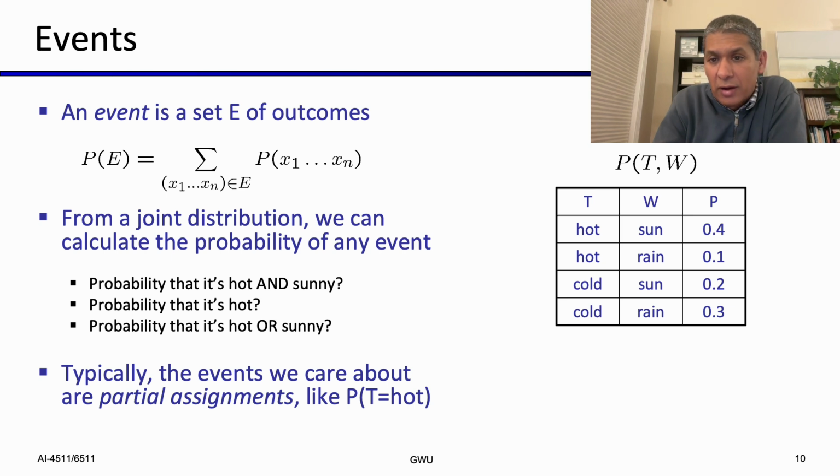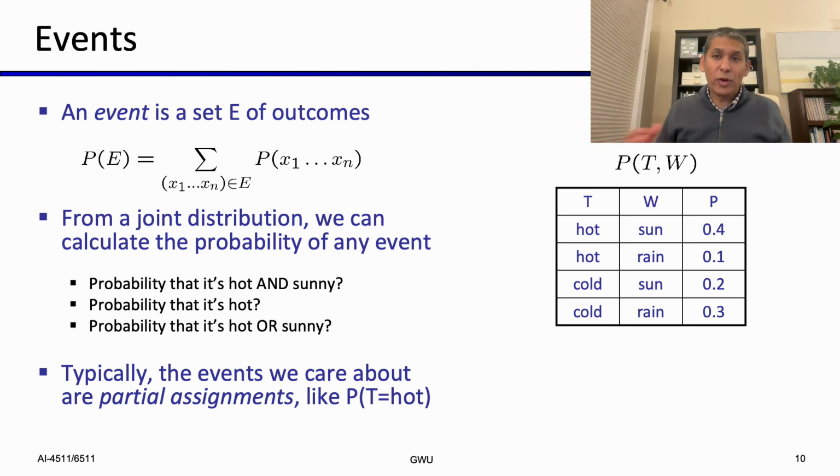Well, that's just 0.4. If it's hot, then we will take the sum of these two because both of them correspond to hot itself. This actually is a marginal distribution. So the probability of hot is 0.5. The probability that it's hot or sunny, that's 1, 2, and this one, so that's together 0.7.